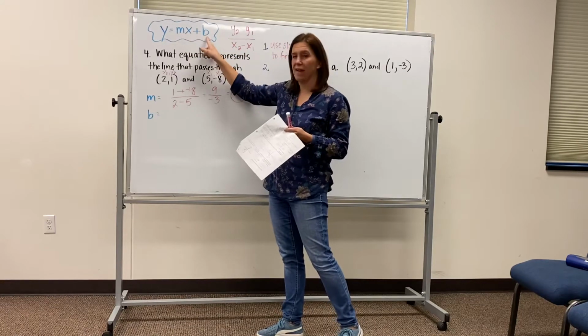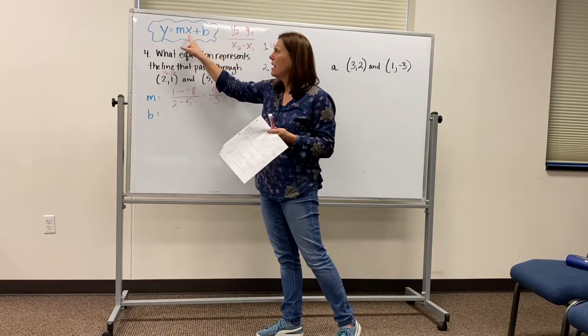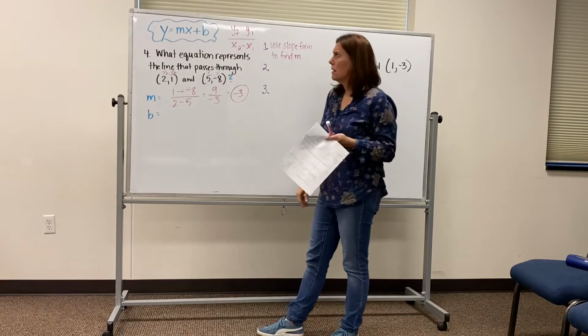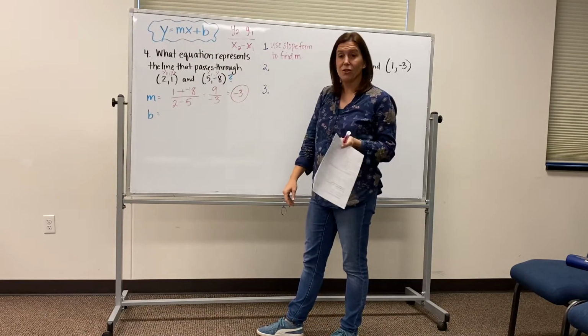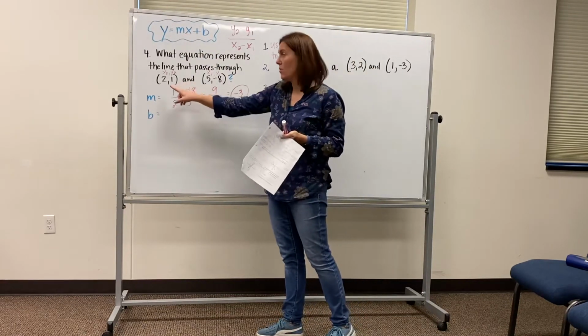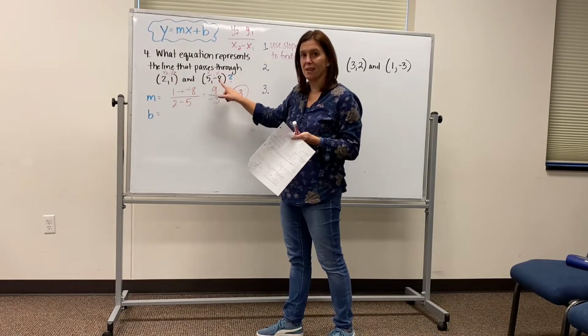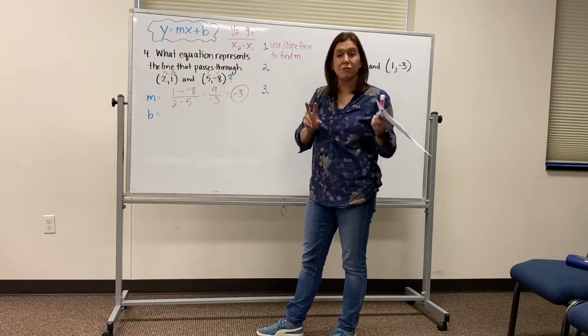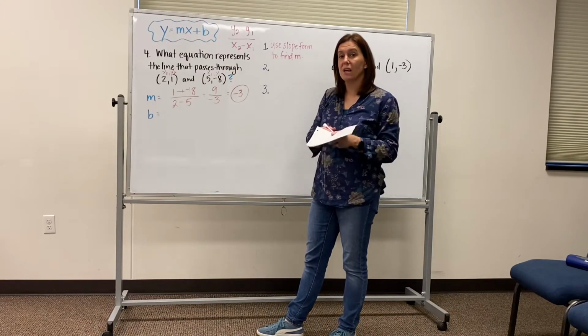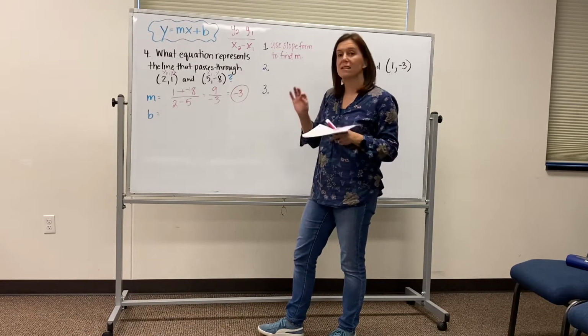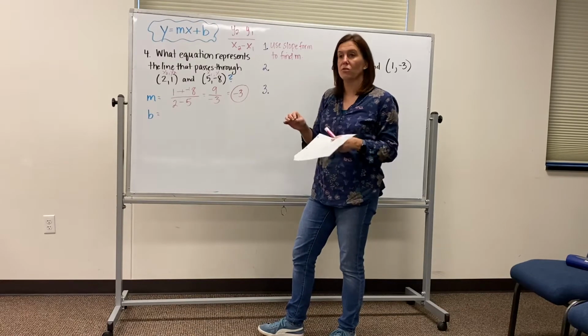I need to find b. But what I don't have is x and y. But actually I do, because I have 2 points, and we know this is x comma y, or this is x comma y. So I actually have 2 points that I can use in my next step, and it does not matter which one I use.